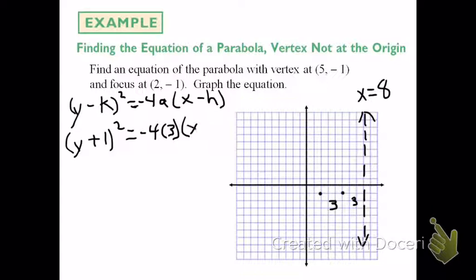And we're going to put in our h, which is the x-coordinate of the vertex, which is a +5. Let's go ahead and simplify this. So we have a -12 here times x minus 5. There's the equation of our parabola.